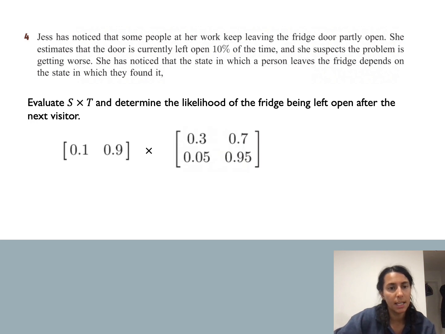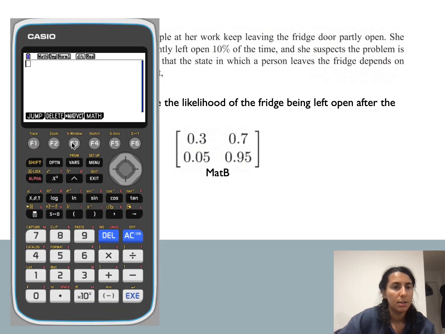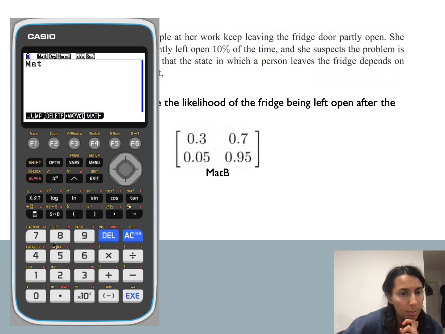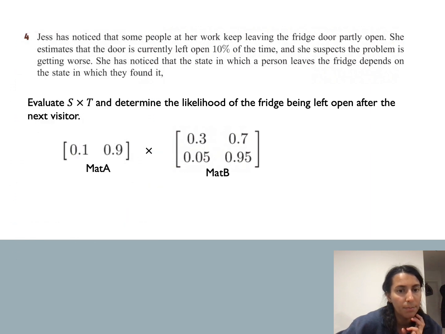So I've got S here, I've got T here, and I'm going to multiply them together. I put S in as mat A in my calculator and T in as mat B. So if we have a look here, you can see that I've got them both saved. There's my transition, and now I'm going to go mat A multiplied by mat B, and this is my matrix.